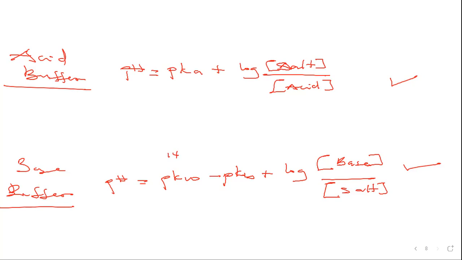So our pH will be equal to negative log of 1.8, which is our Ka, times 10 power negative 5, plus the log of the concentration of our salt, which is 0.1, divided by the concentration of our acid, 0.1. And punching the whole of this side will give us 1. The log of 1 is always 0. We're going to get 4.74 as the pH of the solution.